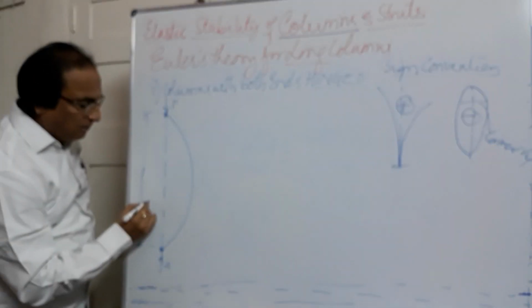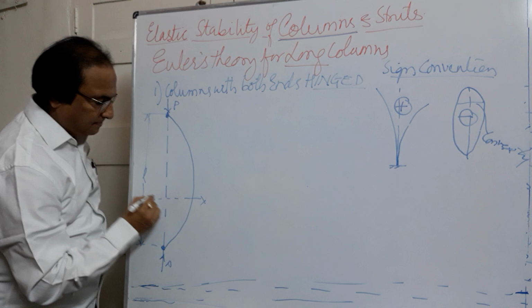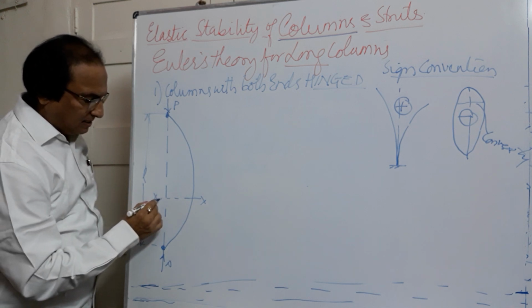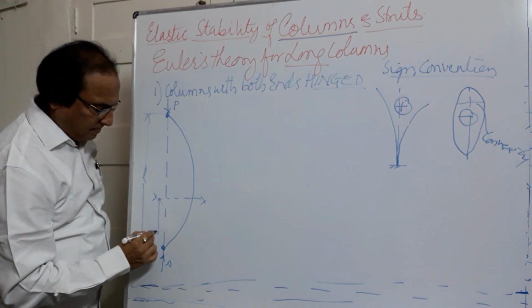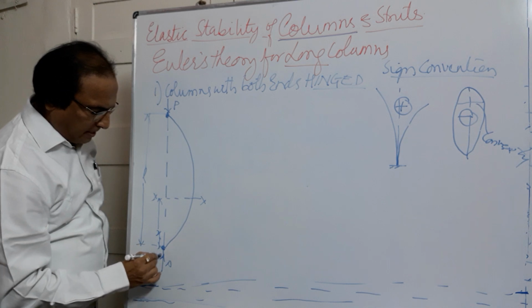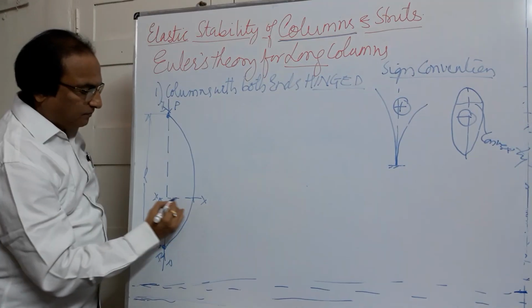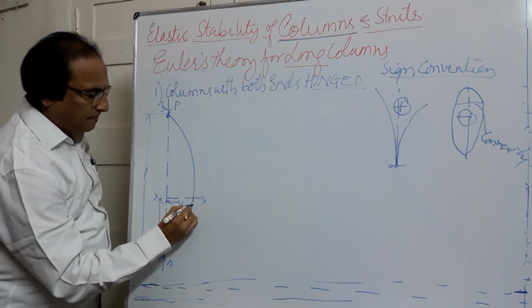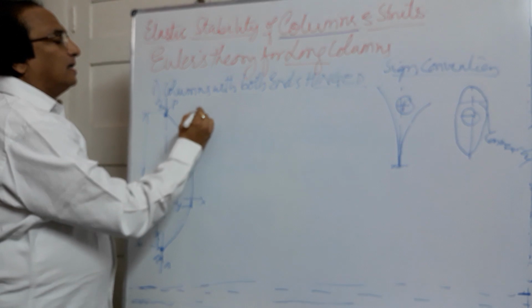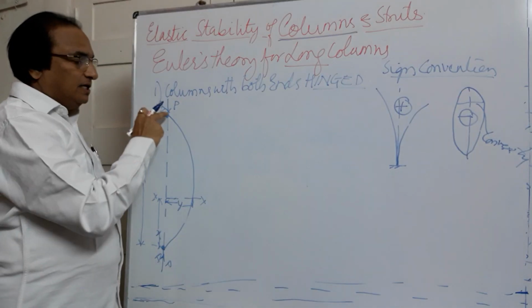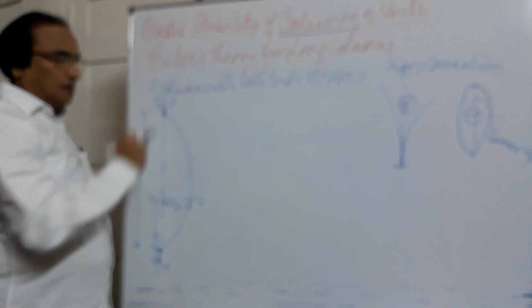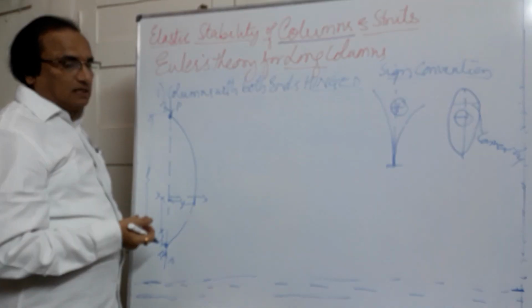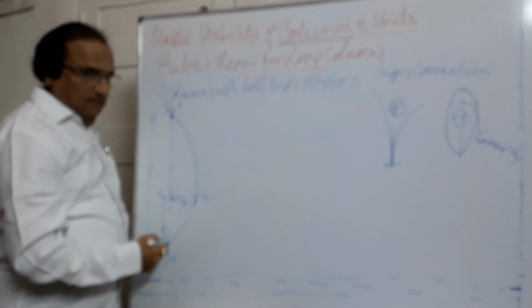Now what we'll do, we'll consider a section XX at a distance x from A and let the deflection of the column here be y. So we are taking a column of length L, hinged at both the ends, subjected to load P. It is bending in this direction.